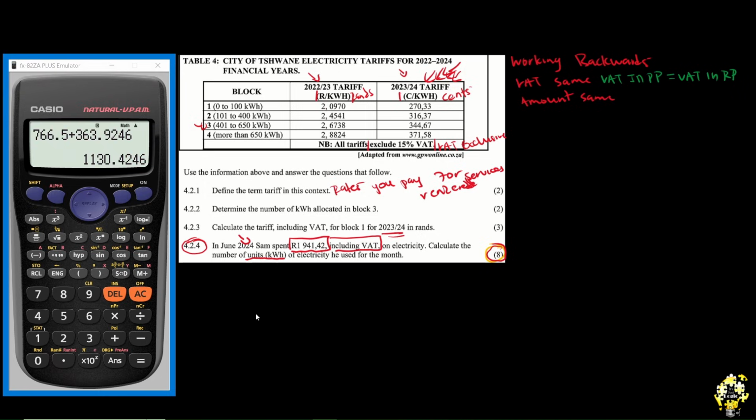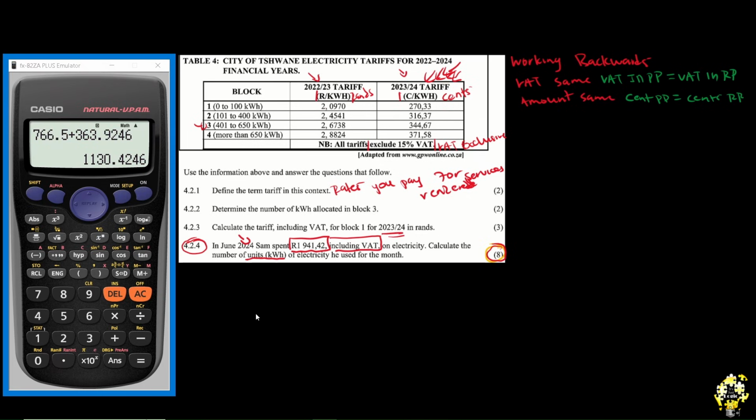So the rates of price, if it's VAT exclusive for the purchasing price, then also the rates of price have to be VAT exclusive. Amounts have to be the same. If it's cents for the purchasing price, it also has to be cents for the rates of price.